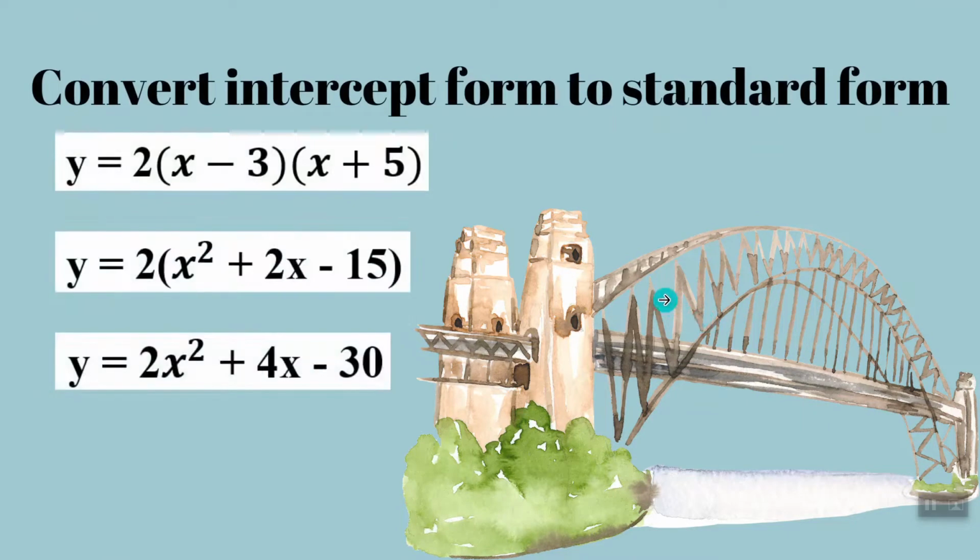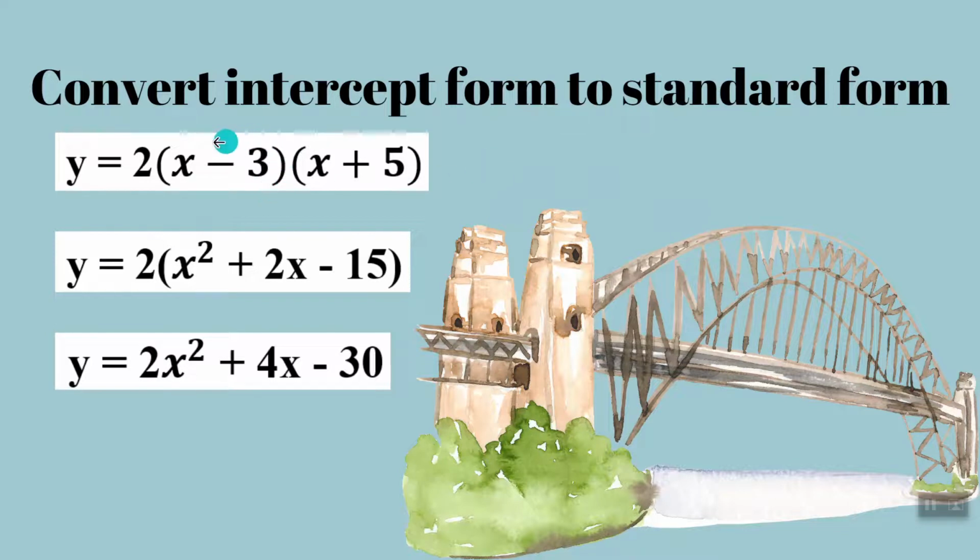Let's check some examples. It says convert intercept form to standard form. So, first of all, according to the given function, if we just distribute the parts one by one, we will get standard form. On standard form, let's remember, it was written as y equals ax squared plus bx plus c.